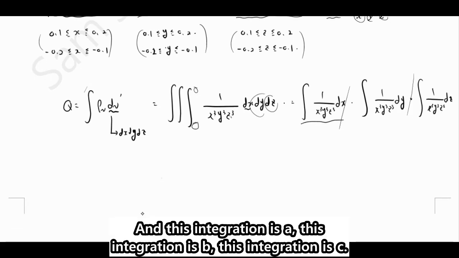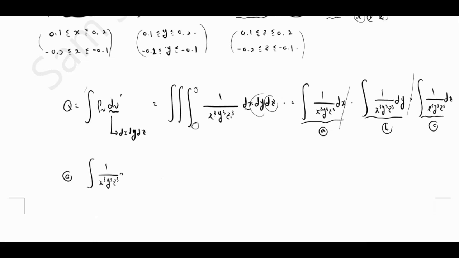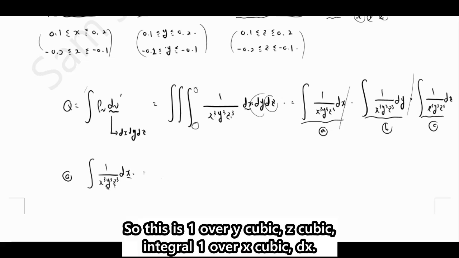This integration is A, this integration is B, and this integration is C. We find integration A is the integral of 1 over x cubed, y cubed, z cubed dx. From the point of view of x, y and z are constants, so this is 1 over y cubed, z cubed times the integral of 1 over x cubed dx.